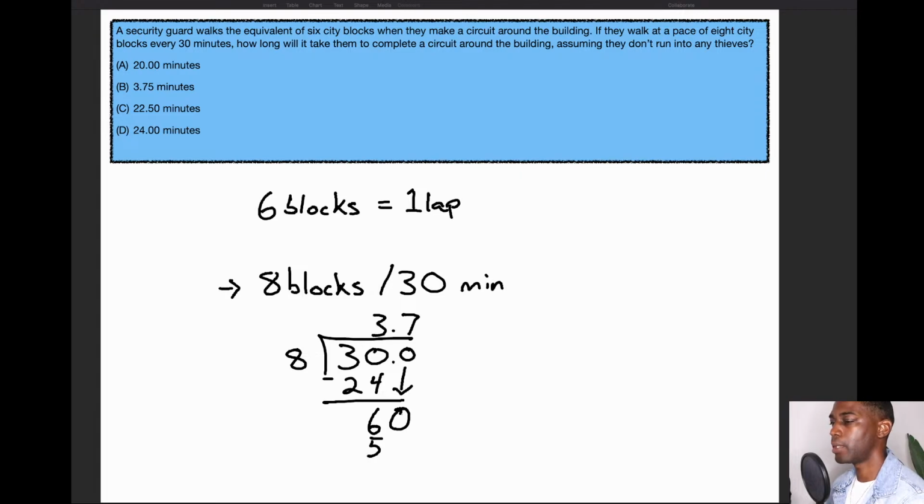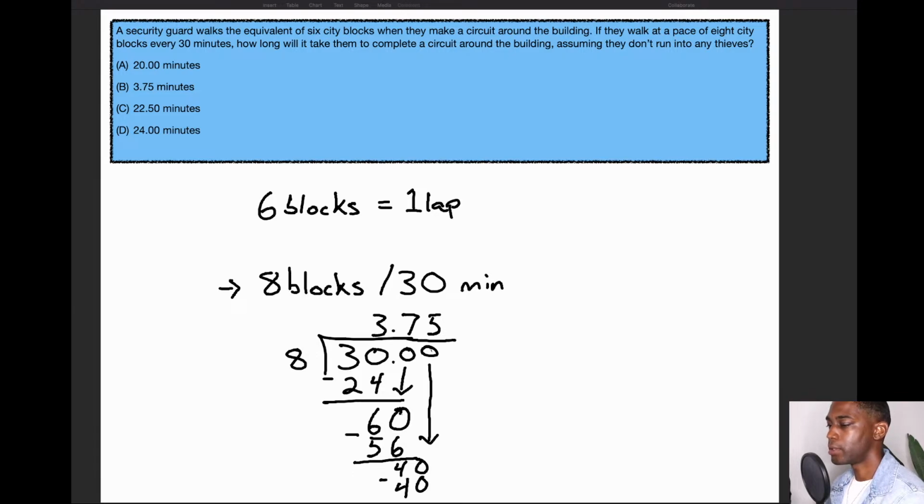Boom. 7 times 8. It looks like I'm gonna run out of space down here. I hope y'all can still see. 7 times 8 is 56. We're gonna subtract. That gives us 4. Okay. We need to add another 0. Boom. All right. And what are we going to do? Drop this 0 down also. Giving us 40. 8 goes into 40 a total of 5 times evenly. 5 times 8 is 40 itself.